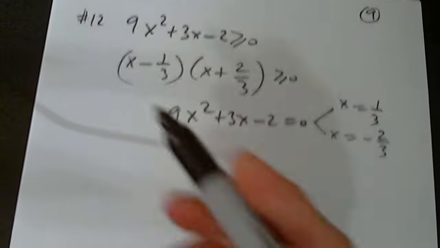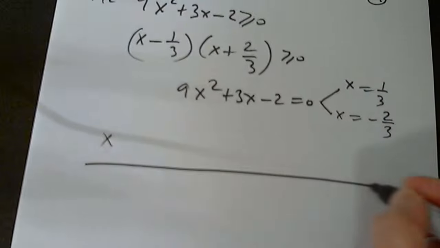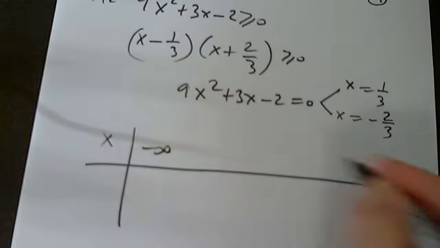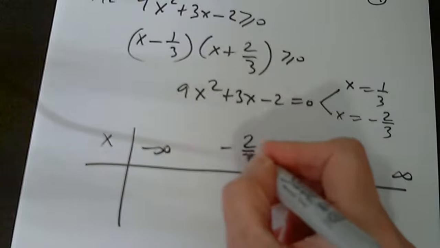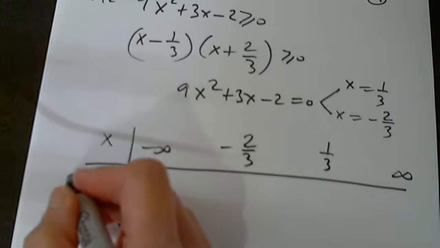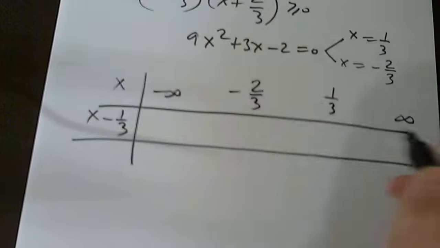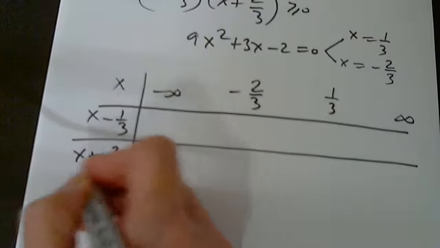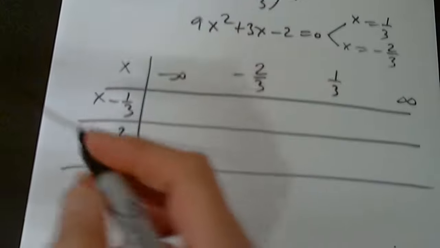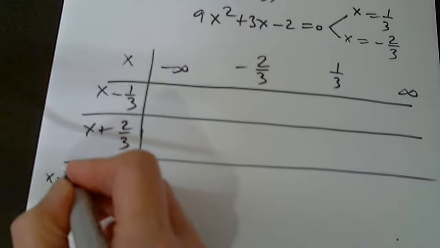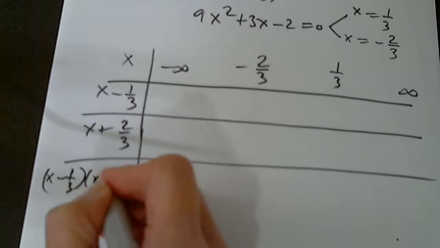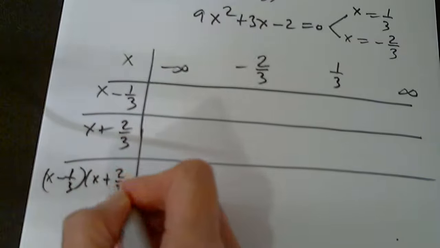So I have the two solutions. All I care about: negative 2/3, 1/3, x minus 1/3, and x plus 2/3. And the product, x minus 1/3, x plus 2/3.